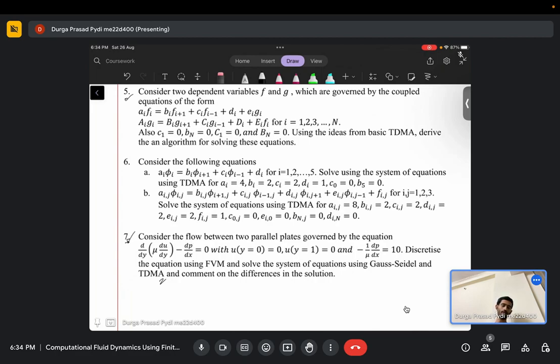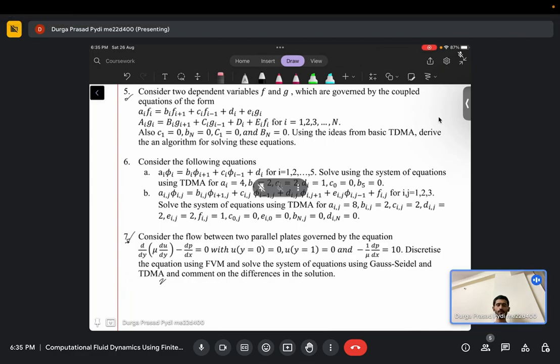Even in line by line, when you go to a 2D problem, you are actually using Gauss-Seidel plus TDMA, right? Yeah, I understood. One point you said is that depending on the boundary conditions and the number of points, Gauss-Seidel and TDMA are favorable, so you need to choose between them. That's what I have.